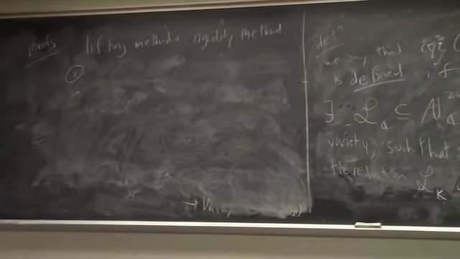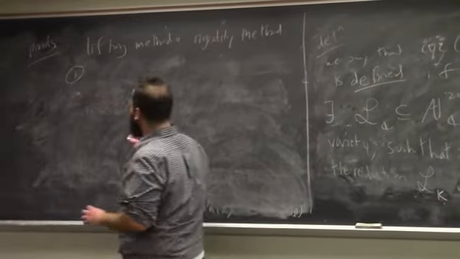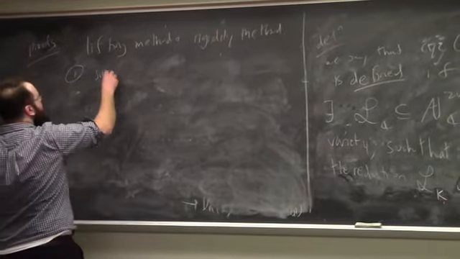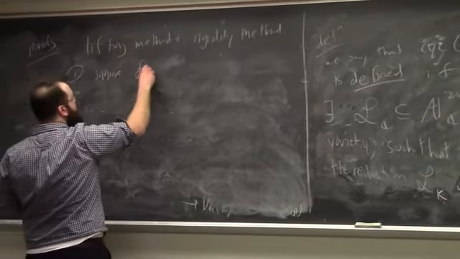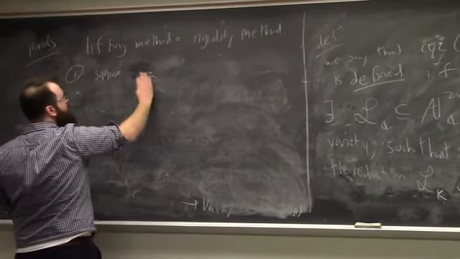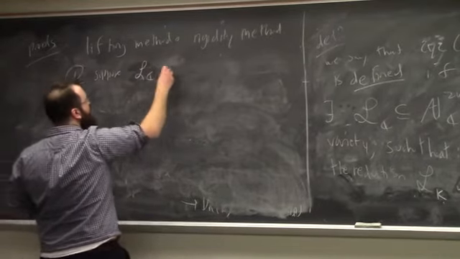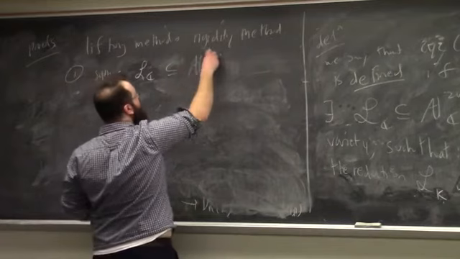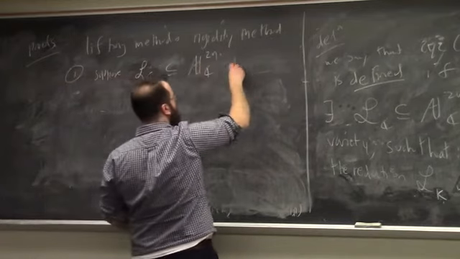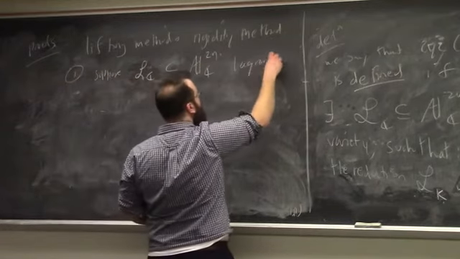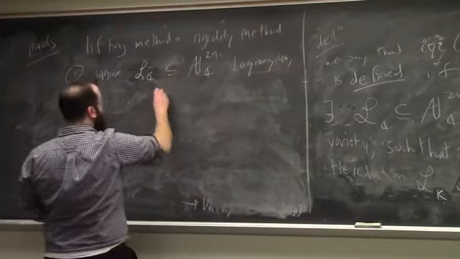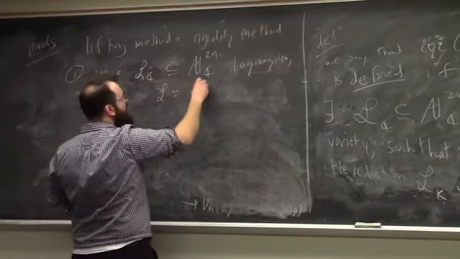Let's suppose I take some L_C inside A2n_C, a Lagrangian, and L is isomorphic to An.